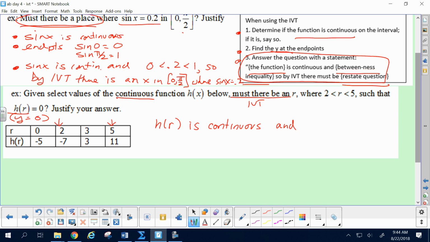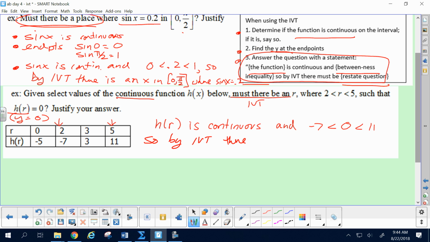The one they asked about is between what 2 points? Is there a place where h is 0? 0 is between the two endpoints at 2 and 5, which are -7 and 11. H is continuous, and that point you're asking about, 0, is between the endpoints. And so, by IVT, basically just rephrase the question.